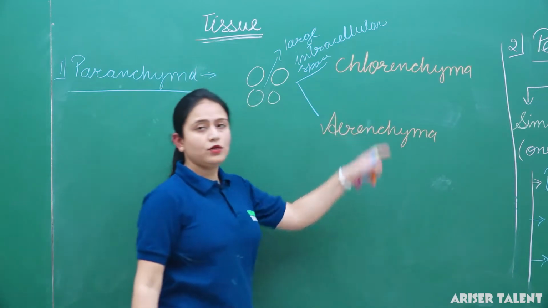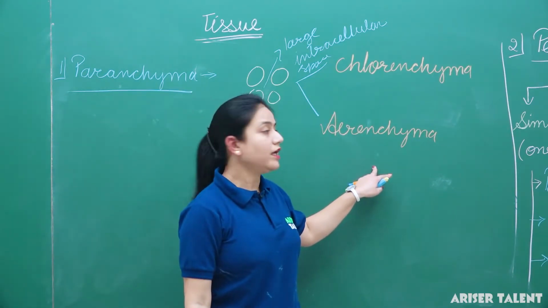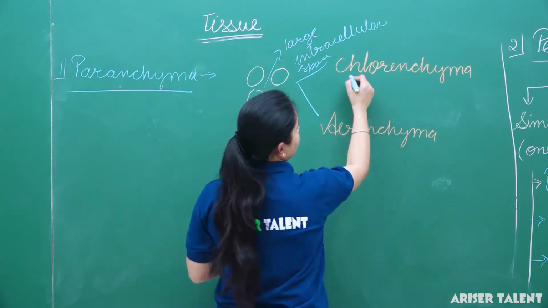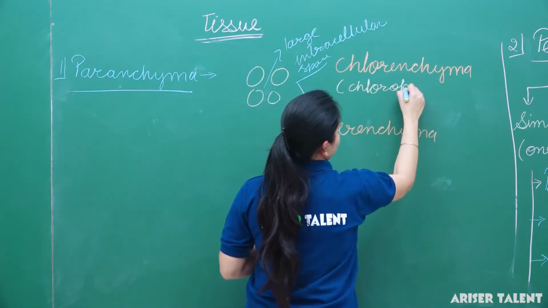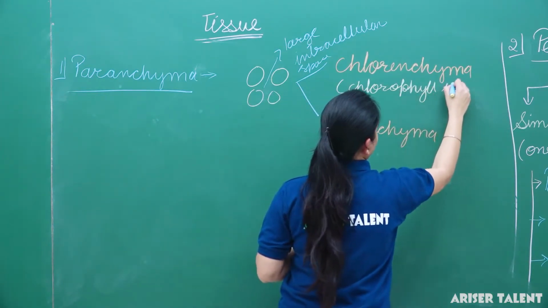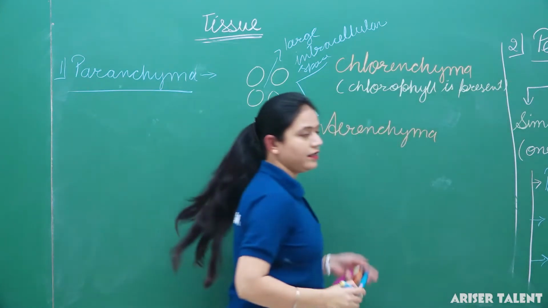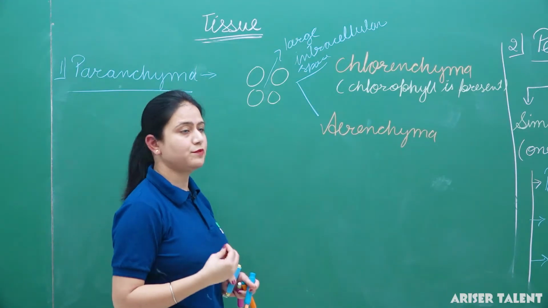In Chlorenchyma, chlorophyll is present, and in the Parenchyma there is no chlorophyll, but it has some air spaces.